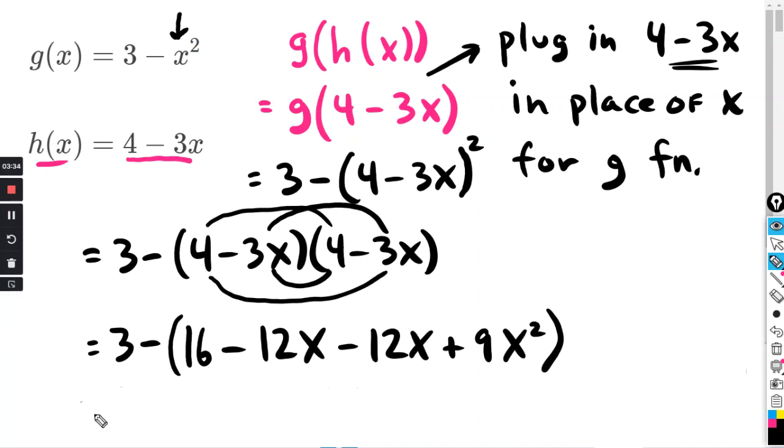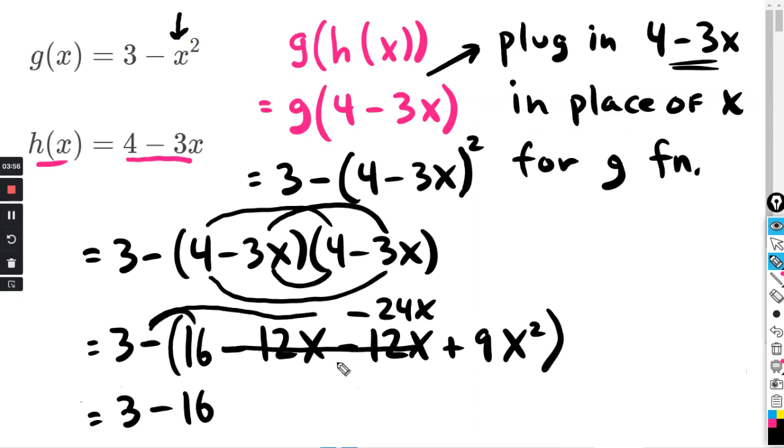Okay, and now we can distribute that negative and also combine like terms. So negative 16, negative 12x, and negative 12x is going to be negative 24x. And when we distribute the negative to negative 24x, it becomes positive.